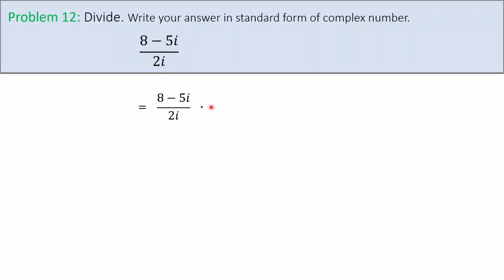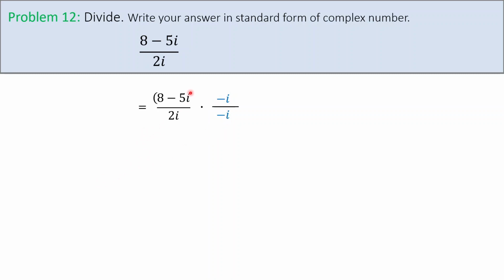So you just multiply a negative i and divide negative i. So multiply and divide negative i. If there is a minus here, you need to multiply and divide a positive i. So this is positive. So just multiply a negative i and divide the same.